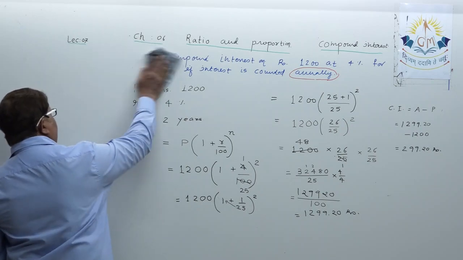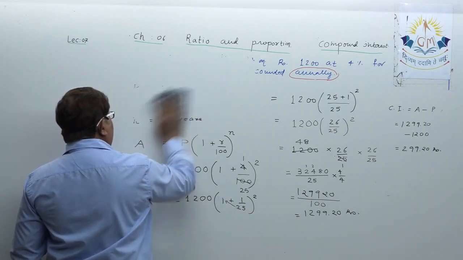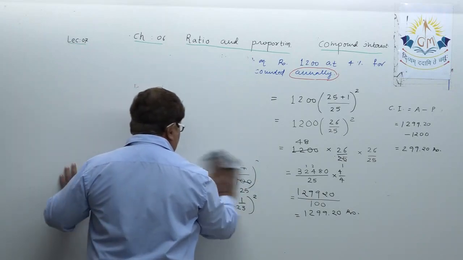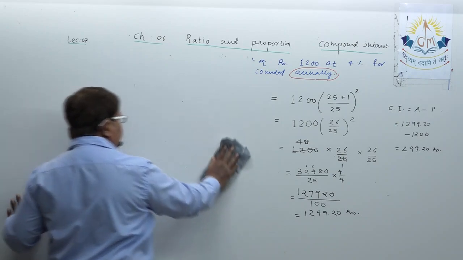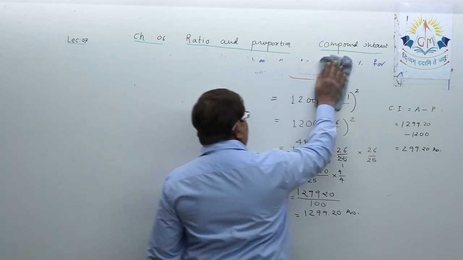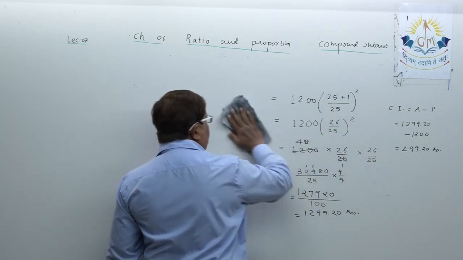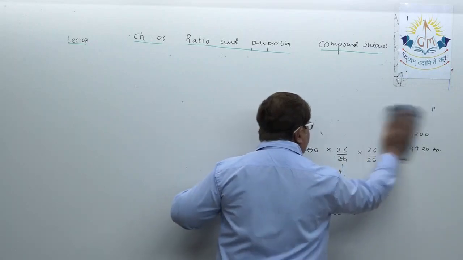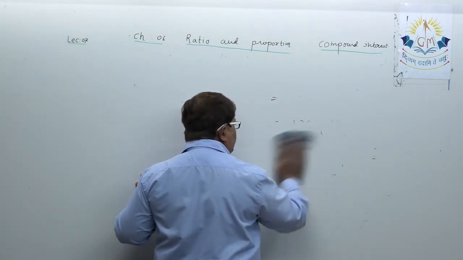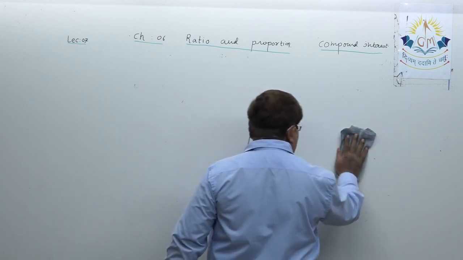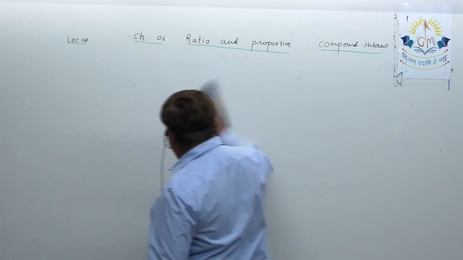No doubt, in today's lecture we are solving only those examples wherein compound interest is to be counted annually. I am not touching the second type, either half yearly or quarterly. Understand, to make you very sure regarding solving any example.